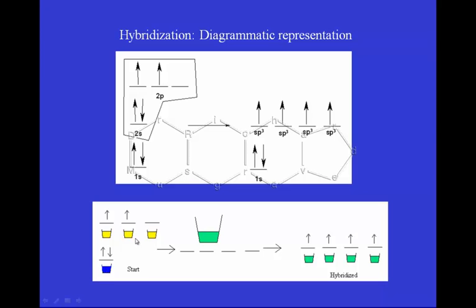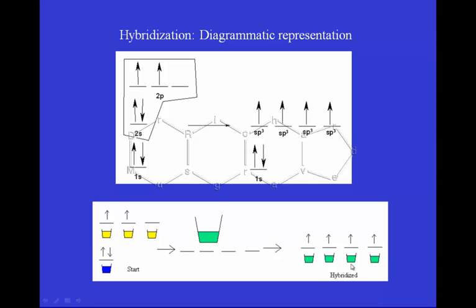We all know that when we mix blue and yellow we get green. So what we've done here is we've taken all 4 of these orbitals, the s and the 3 p orbitals, and mixed them all into one container. And then if we pour them all back out, what we've got are 4 containers that contain 1 part s and 3 parts p.